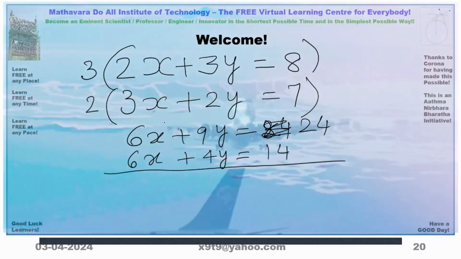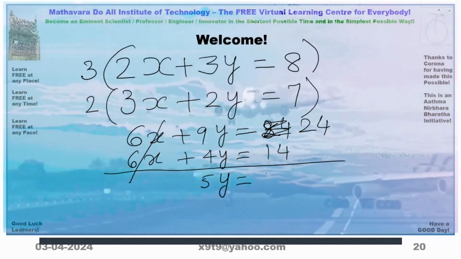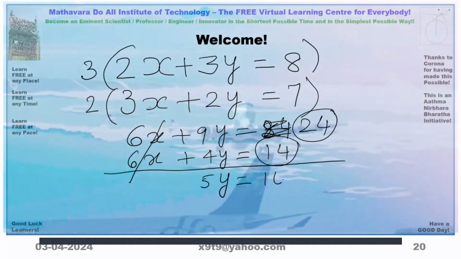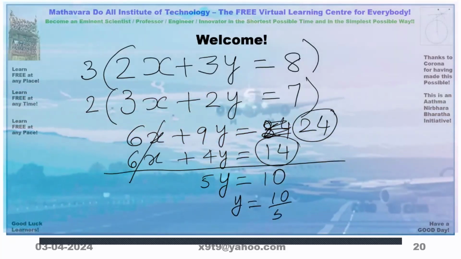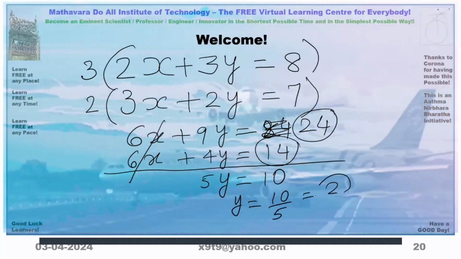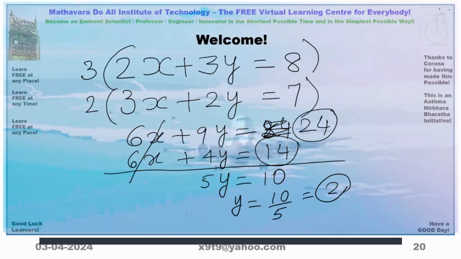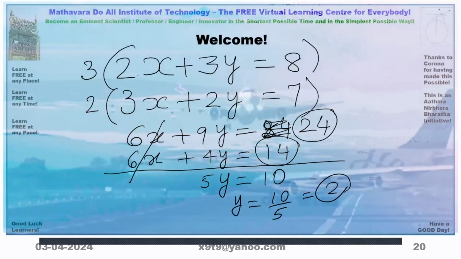So you can subtract, and the x terms will cancel. We will get 5y, and 24 minus 14 will be 10. So y becomes 10 by 5, which is equal to 2. Once you find y is equal to 2, you can substitute in either equation.